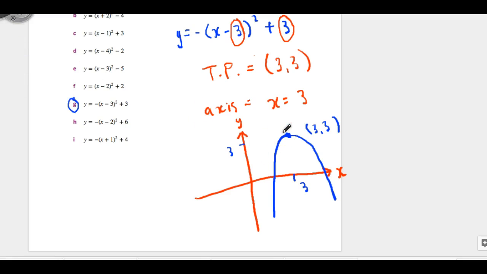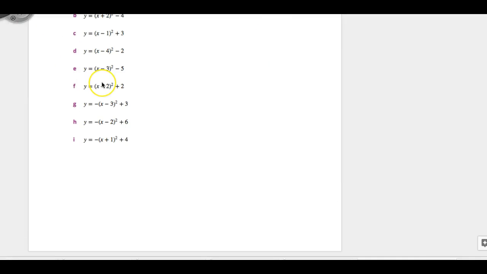And I'm going to just draw in the axis of symmetry, which is x equals 3. All right, what I'd like you to do now is just pause and have a go.